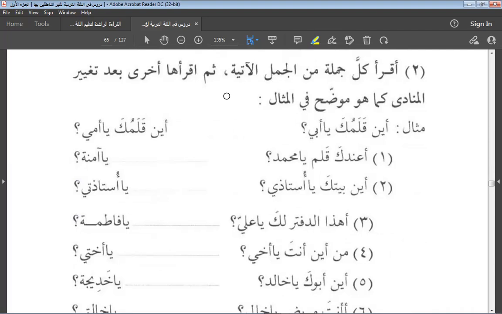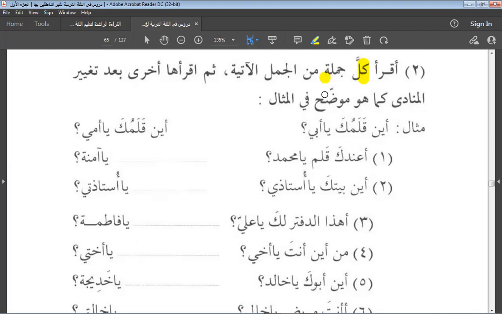ثم اقرأها أخرى بعد تغيير المنادى كما هو موضح في المثال. Okay, it says اقرأ, read كل جملة. Read each sentence. Whenever you see كل, the noun coming after it will take kasra. Like كل نفس ذائقة الموت. كل شيء هالك إلا وجهه.